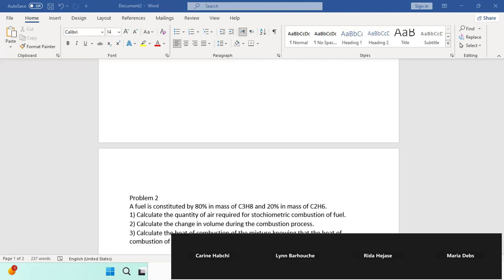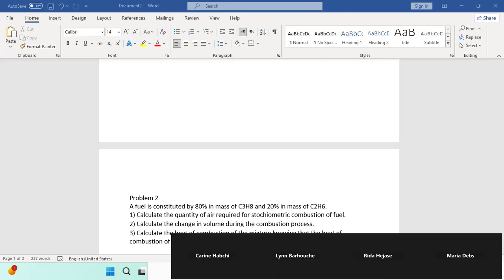And if we cannot limit it, we need to go to techniques that can reduce the harmful effect of CO2. We already discussed the possibility of capture and storage of CO2. Okay. Any question on these problems?